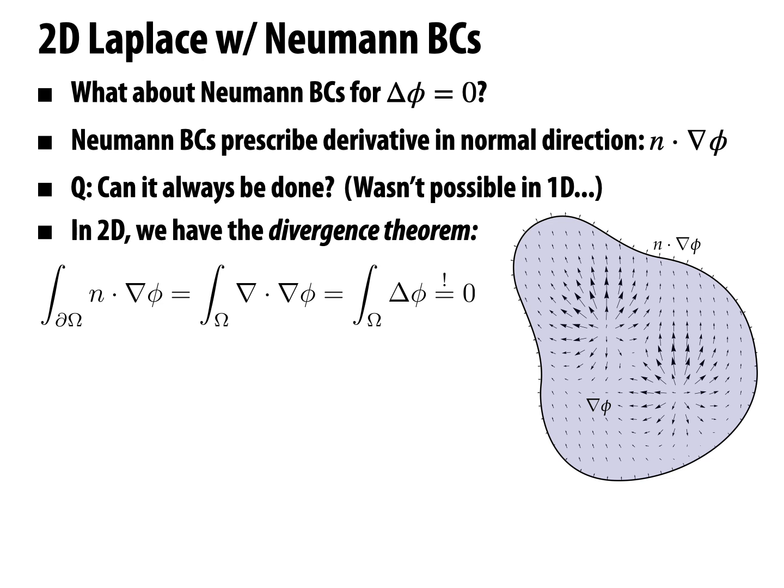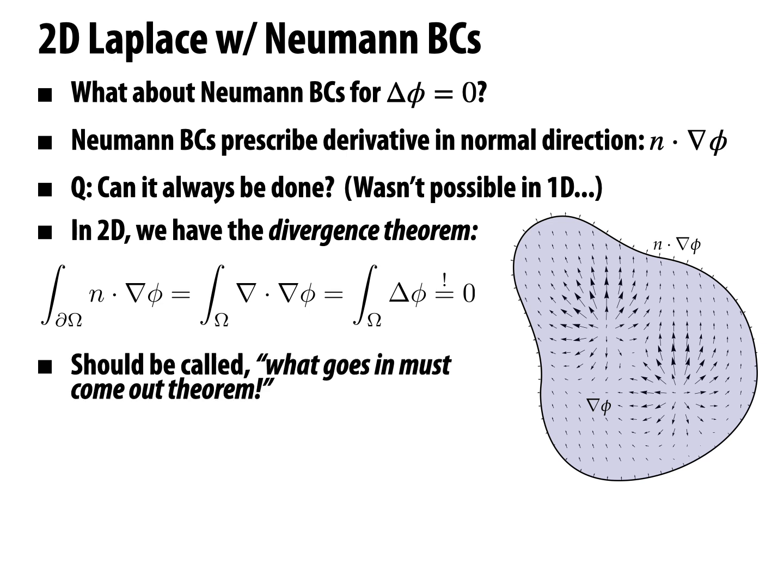Okay? So what we can conclude is that in order for our Neumann data to be valid, it must integrate to 0 over the whole boundary. Right? Capturing this idea of the divergence theorem, kind of what goes in must come out.